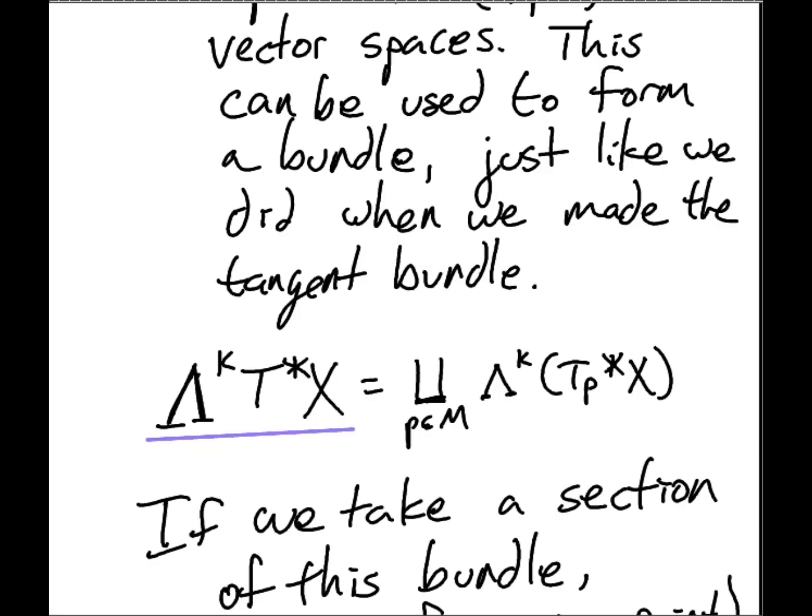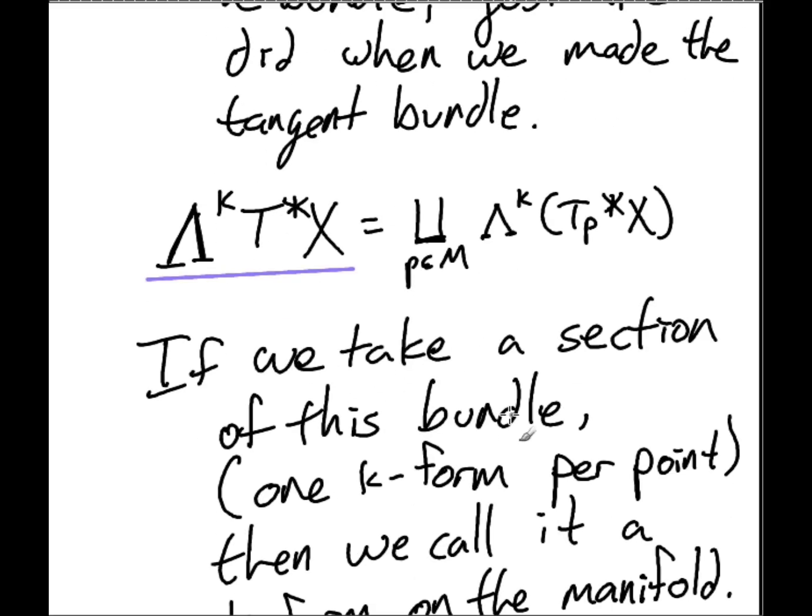In the tangent bundle setting, we took a section of it to describe a vector field. Each of the vectors from the tangent bundle could be used to associate to a point in the manifold. We can describe any vector field we want with that.